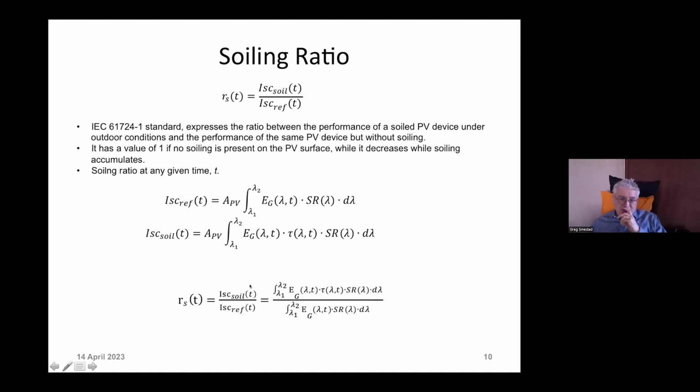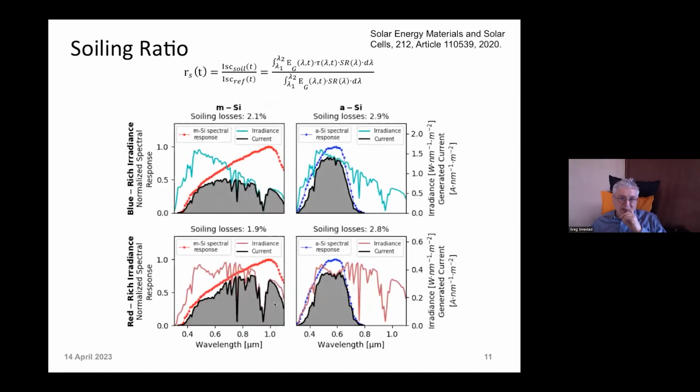And so this soiling ratio becomes this ratio between something that has a transmission that's not 1, 0 to 1, 0 if it's opaque, 1 if it's ideal, and then we integrate the spectrum and the spectral response, or the quantum efficiency. And then the reference case, of course, is ideal. The transmission is 1, it's ideal. So we can do this.